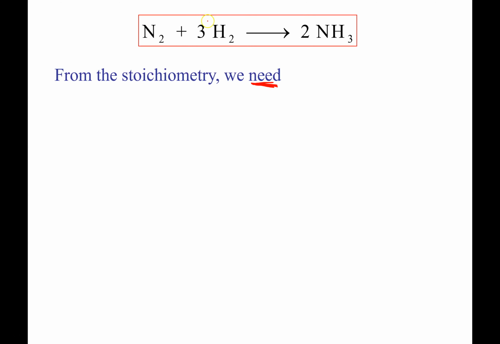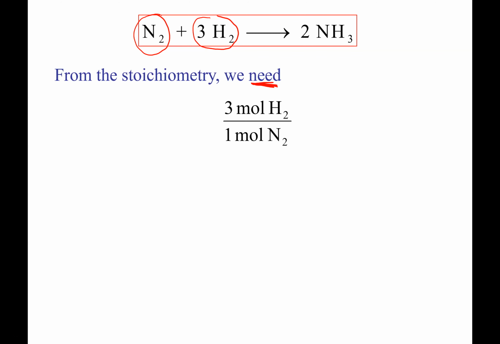So what you're going to see is I'm going to put 3 moles of H2 over 1 mole of N2. Now, I could have put 1 mole of N2 over 3 moles of H2, and that would have been fine too. But whatever order I take them in, that's going to be how I order my have, H-A-V-E, have ratio.